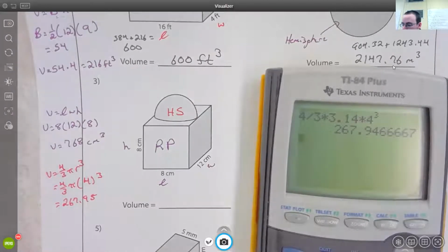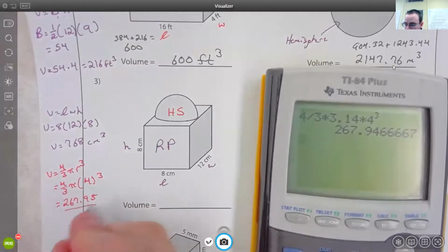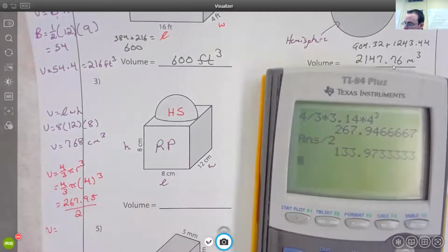But here's the thing, that's the volume of the entire sphere, not the hemisphere. A hemisphere is only half of a sphere. So in order to find the volume of the hemisphere, we have to take this and divide it by 2. So the volume of the hemisphere ends up being 133.97 centimeters cubed.